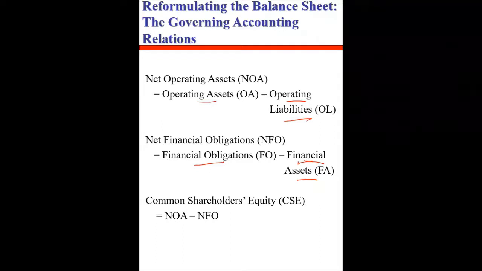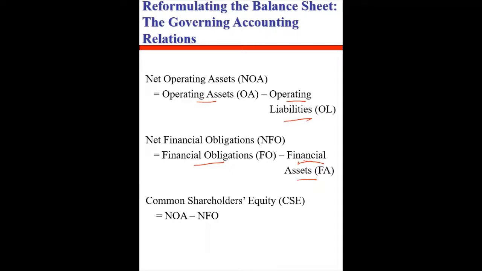So net financial obligations, someone has asked that she or he didn't get the net financial obligations. So we have some financial assets and we have some financial liabilities.